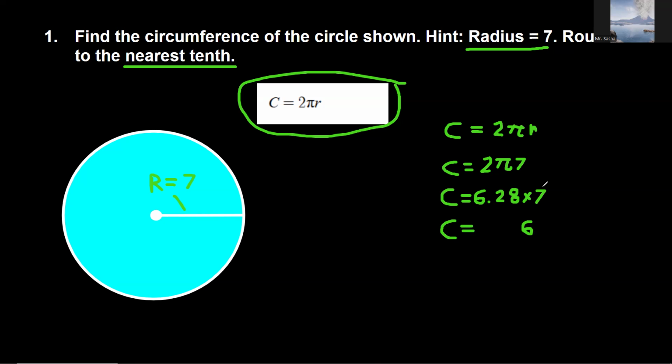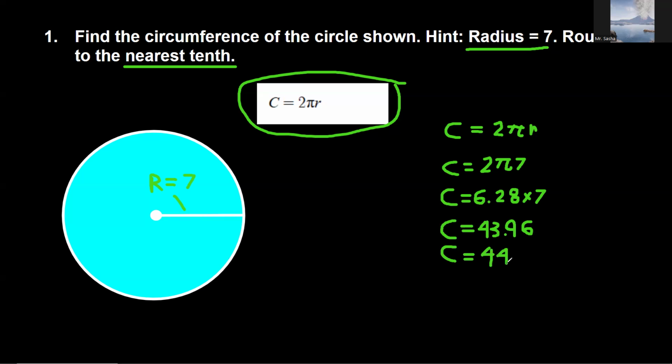It's very simple. 8 times 7 is 56, you have the 5 up there. 7 times 2 is 14, plus 5 is 19, and then you have 1 over here. 7 times 6 is 42, plus 1 is 43. So we have 43.96. Now it says to the nearest tenth, so we get an answer of 44.